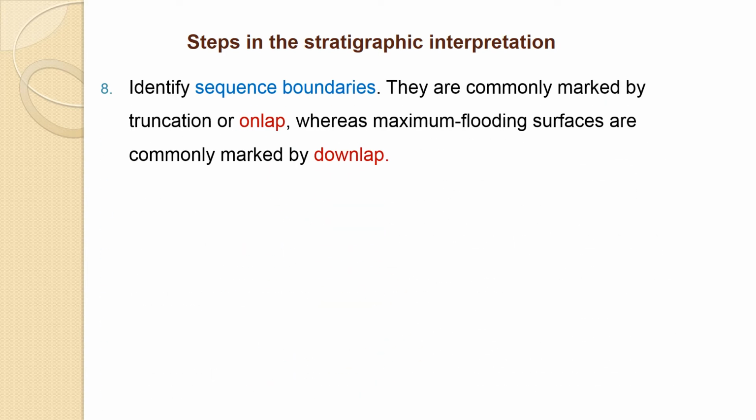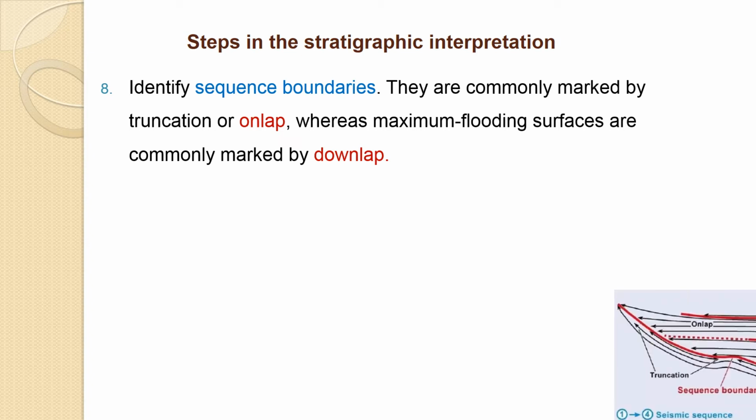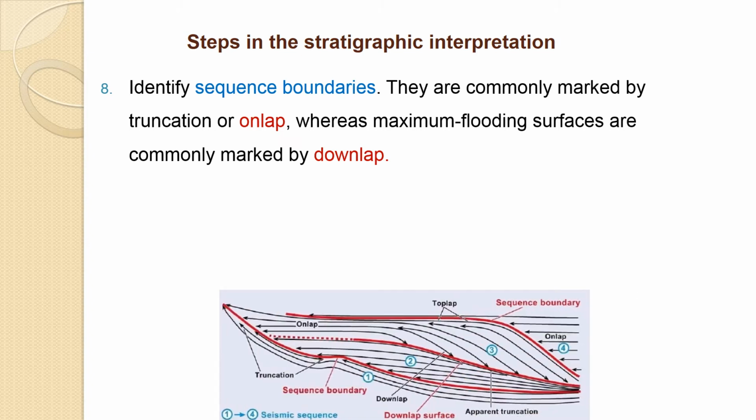The next step is to identify the sequence boundaries. They are usually marked by truncation or onlap, and the maximum flooding surfaces are commonly marked by downlap. We will carry out a similar exercise on other intersecting seismic lines.